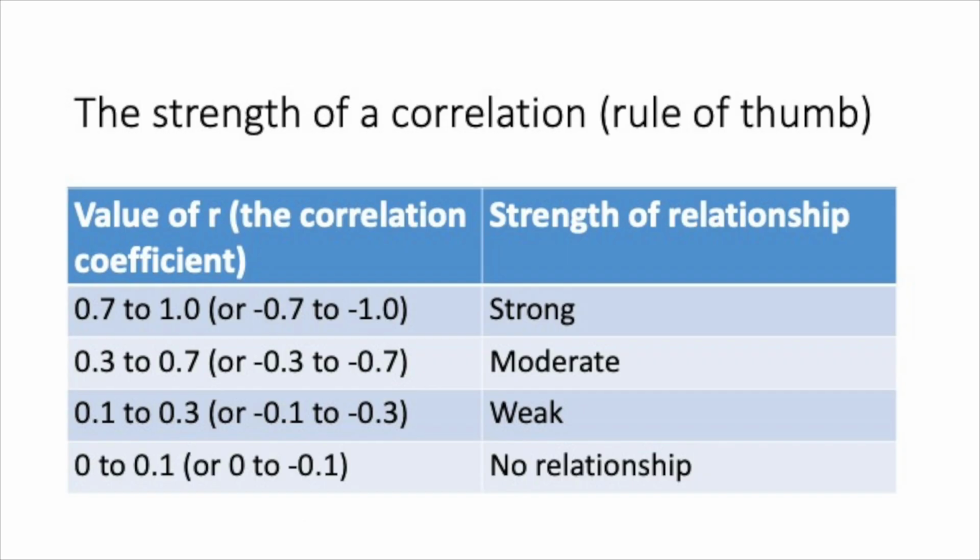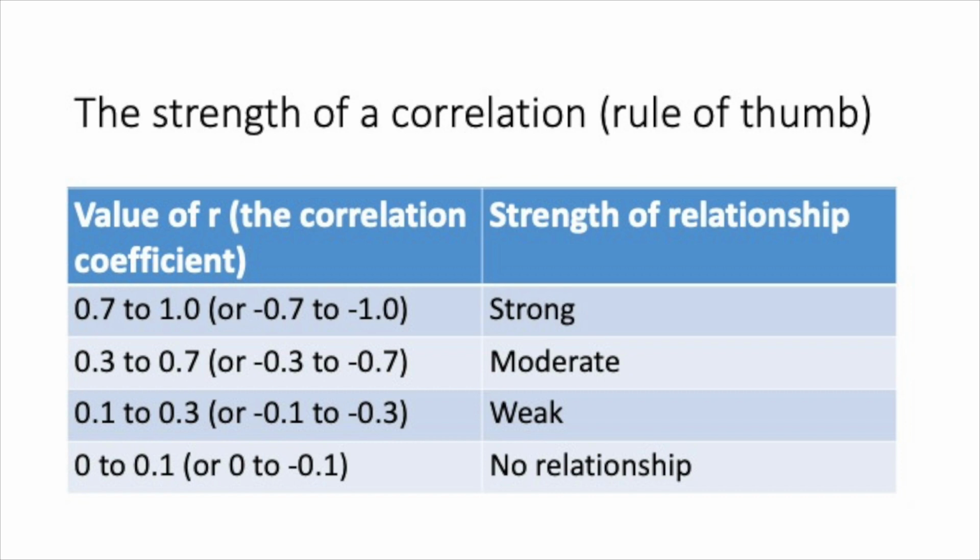Here's my rule of thumb for determining the strength of a correlation based on the correlation coefficient. Like I said, you really never see perfect -1 or +1. Instead, you usually see something in between. If you have a correlation coefficient between 0.7 and 1, we would call that a strong correlation, and given that it's a positive value, a positive correlation.